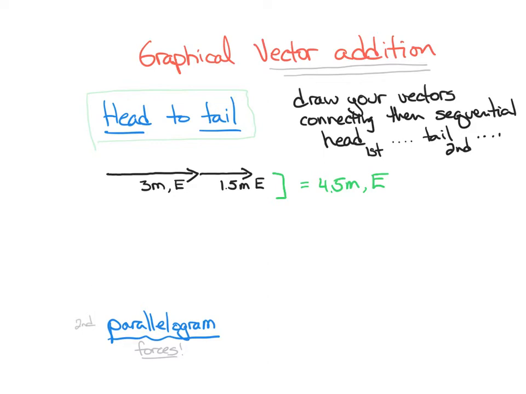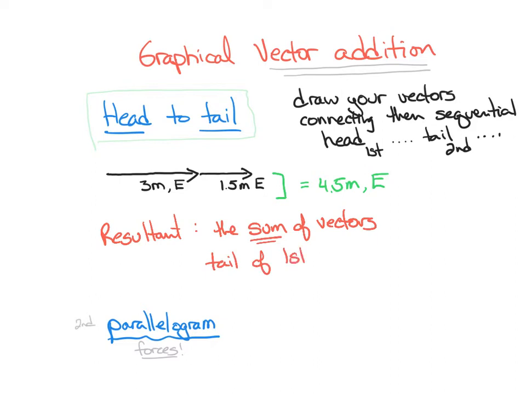So what you do to actually find your resultant, that's a key word, a resultant is the sum of vectors. And how you draw that is you start at the tail of the first, and you go straight, no matter what direction it is, to the head of the last vector.